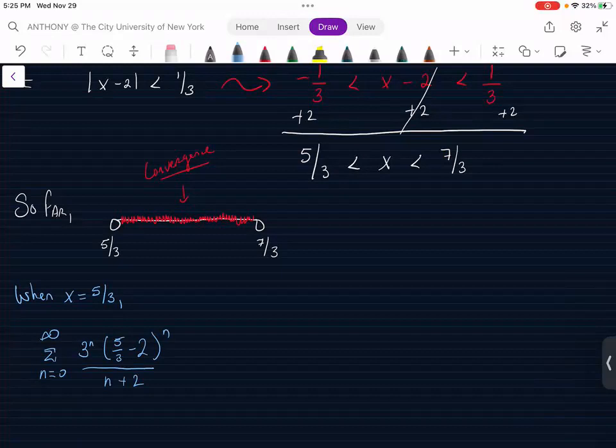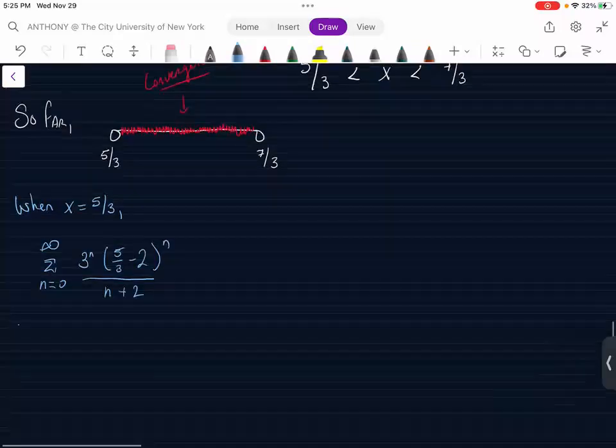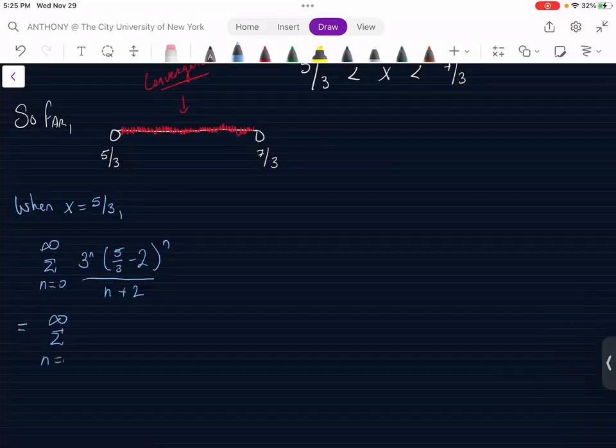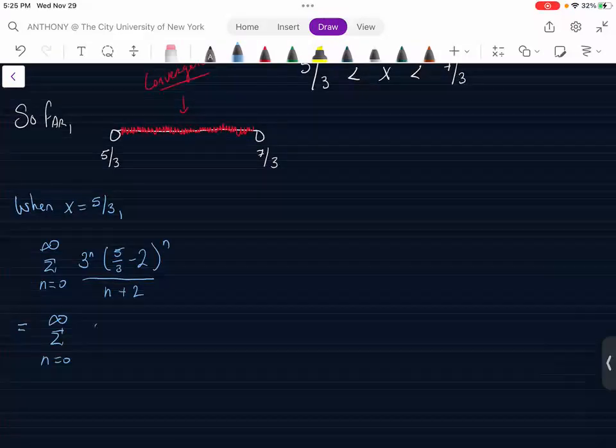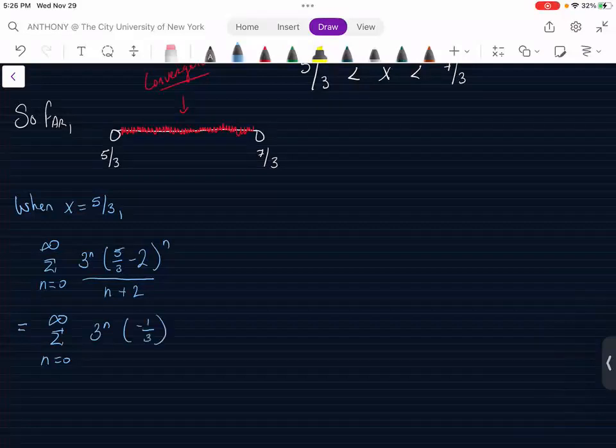You can simplify this. What's 5/3 minus 2? Negative 1/3. So good things happen for us here. What we're going to get is the sum from n equals 0 to infinity of 3^n times (negative 1/3)^n over n plus 2.